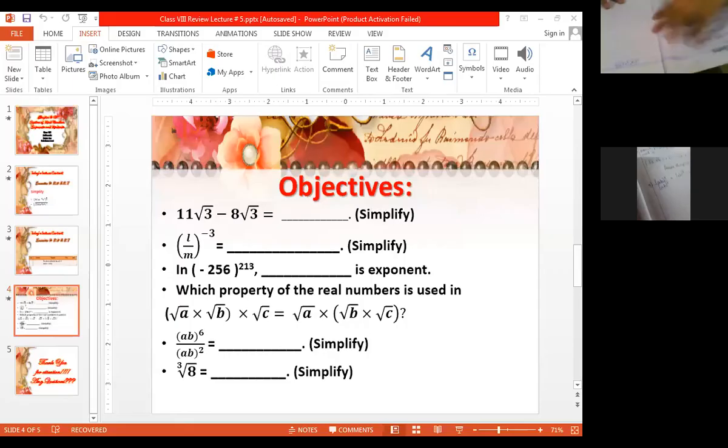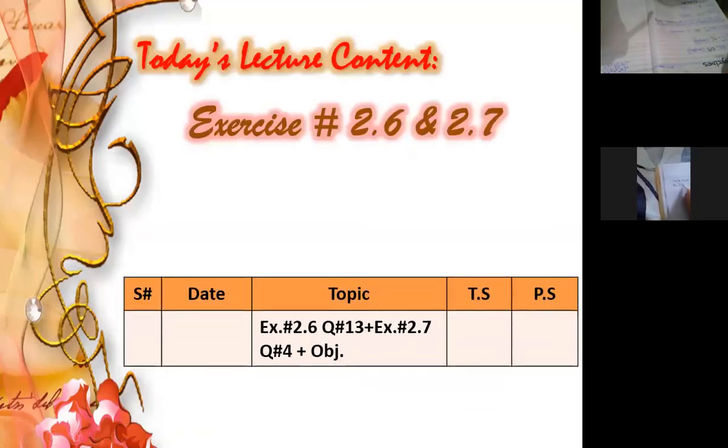Okay, who is asking for index? Ishal, right? Ishal, just a minute. Ishal, this is exercise 2.6 question number 13 and 2.7 question number 4.